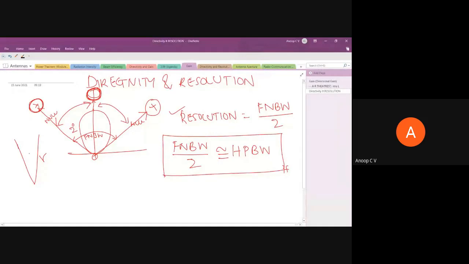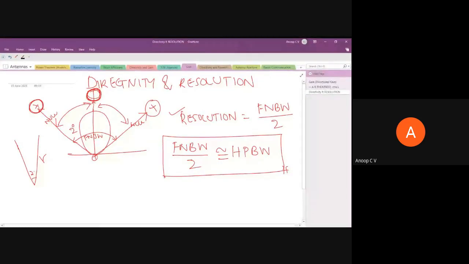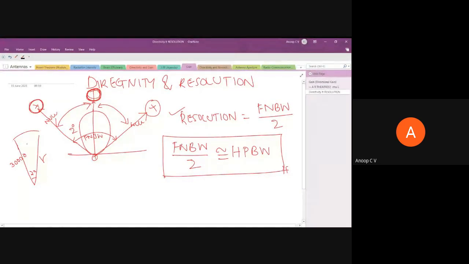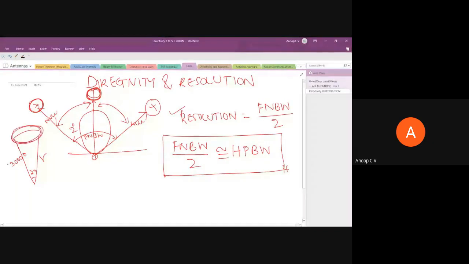If you consider the geostationary orbit, the distance is 30,000 kilometers, so you can find the arc length or corresponding area coverage. Arc length is equal to r times theta, so that arc length will be large. This 2 degrees itself is very large for very long distance communication. Okay, fine, whatever.